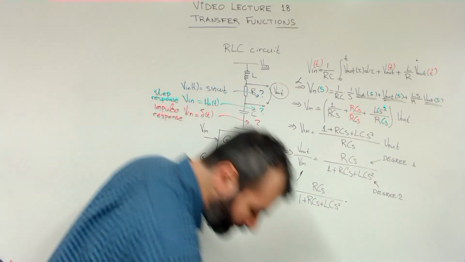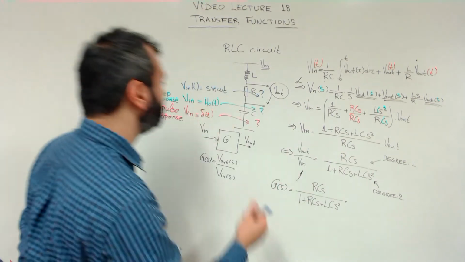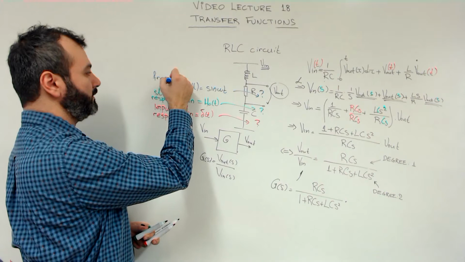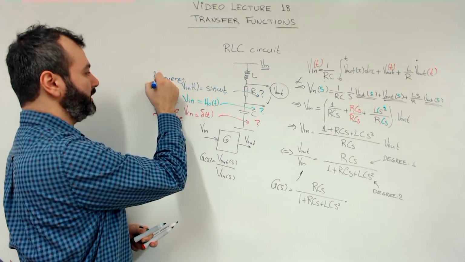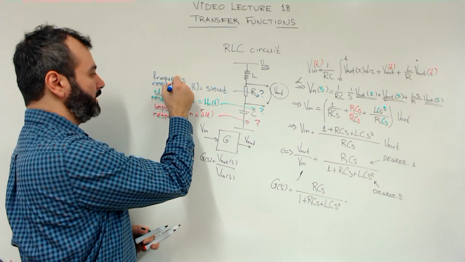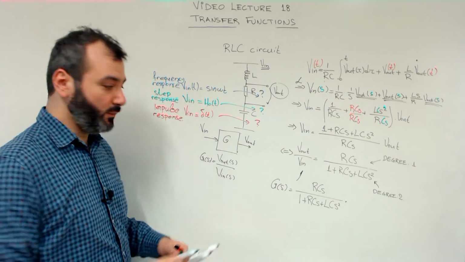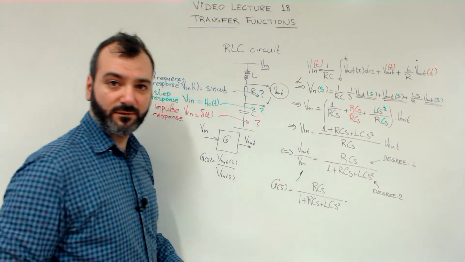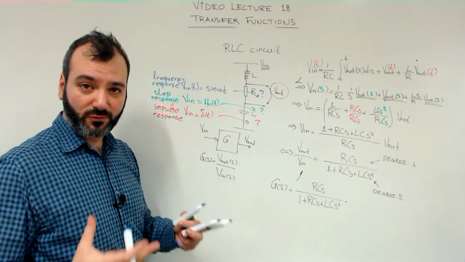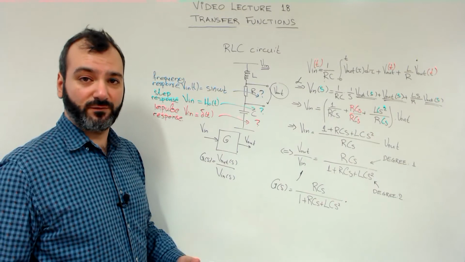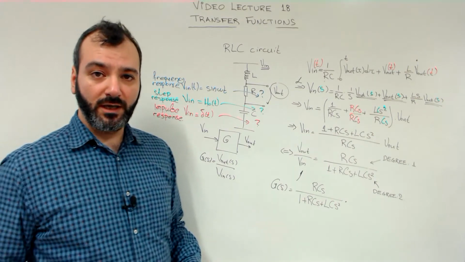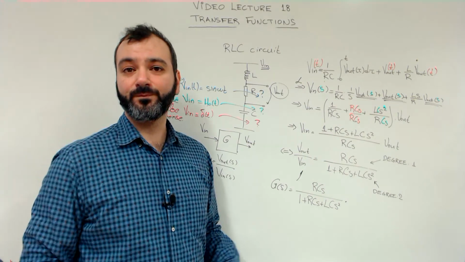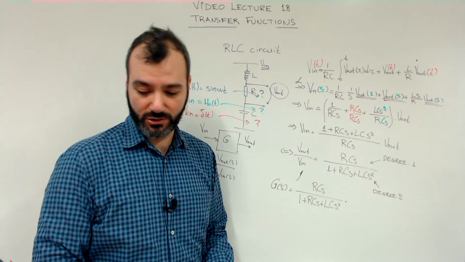And the last one is the frequency response. And we can answer all these three questions using the transfer function of the dynamical system. So the transfer function gives a lot of information, actually all the information that we need to know about the linear dynamical system with 0 initial conditions.